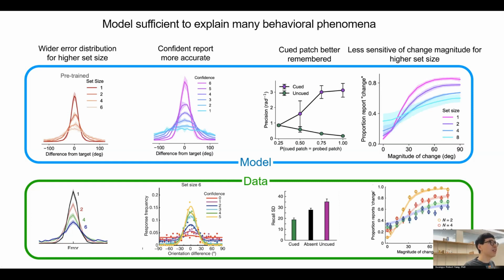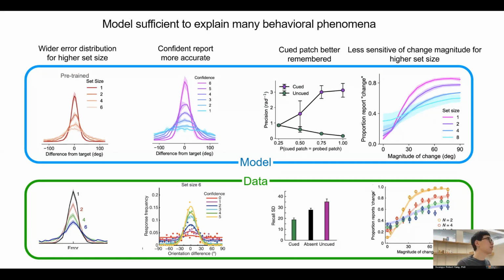And then finally, you can vary how big you change the color, and match what people have seen in animals as well. So we get all of these for free, right? We didn't try to do anything to match any particular data set here.